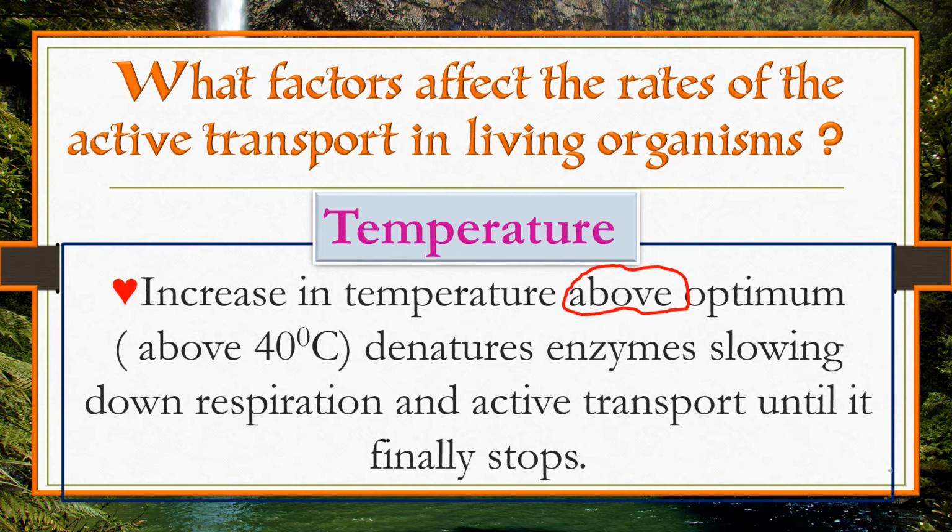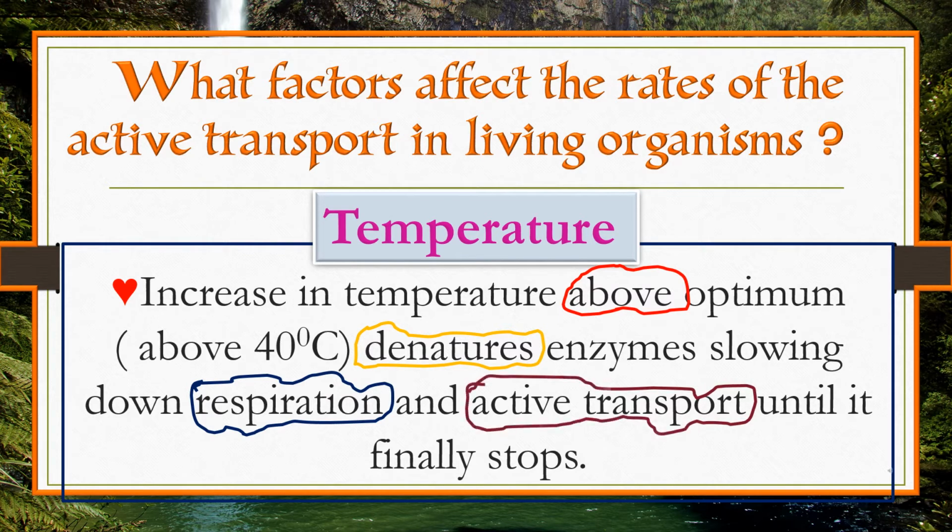When enzymes are denatured, respiration slows down, and at the same time that slows down active transport until it finally stops. So temperature affects the rate of active transport in living organisms.